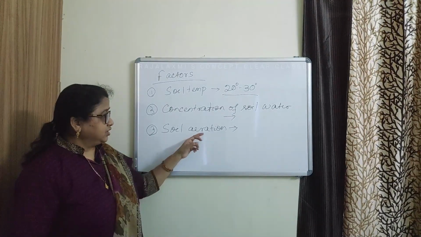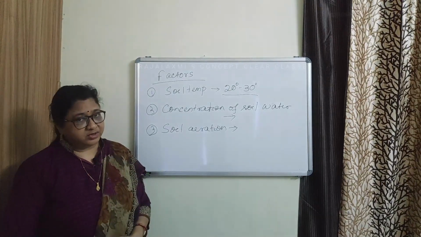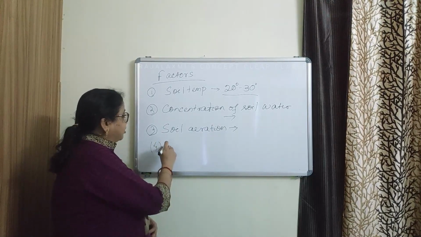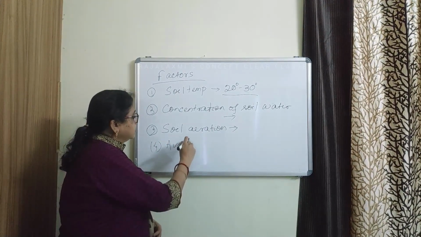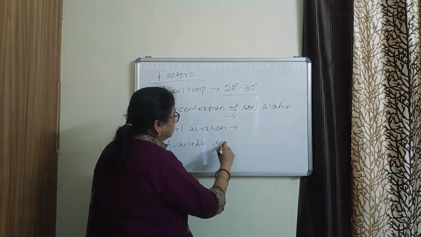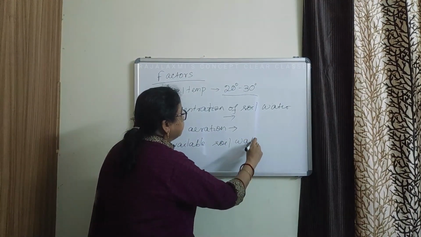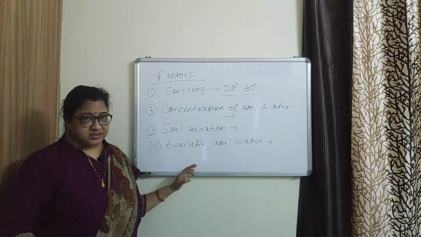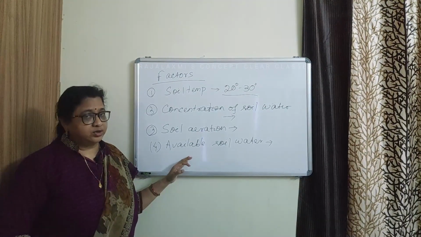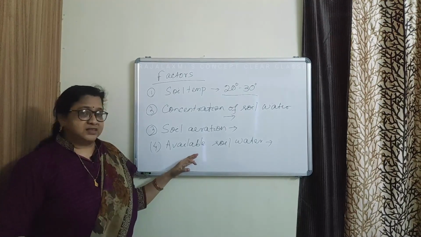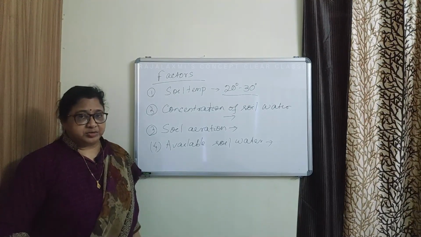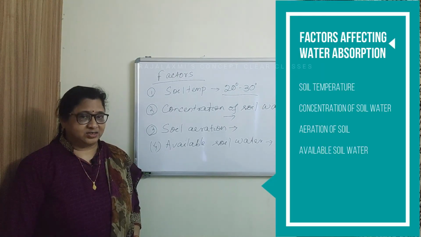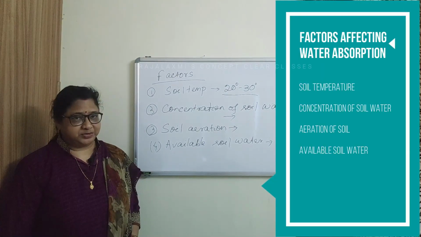So soil aeration is very much necessary for water absorption. The fourth one is available soil water. If the available soil water is sufficient, then the rate of absorption will be normal. When the soil is dry, the rate of absorption becomes less. So these are some of the factors which affect the rate of absorption.